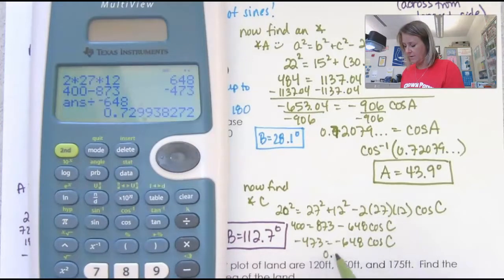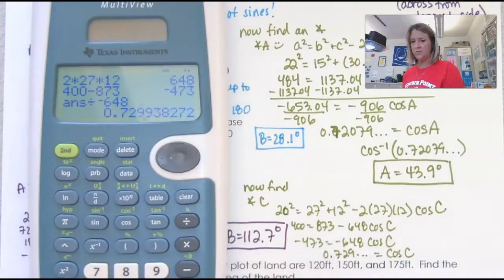So I've got 0.729 equals cosine C. So I'm going to do that arc cosine.